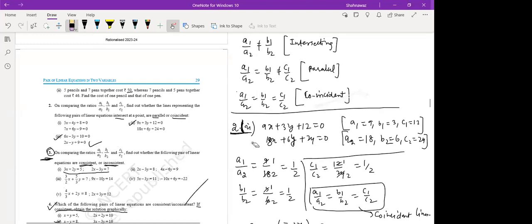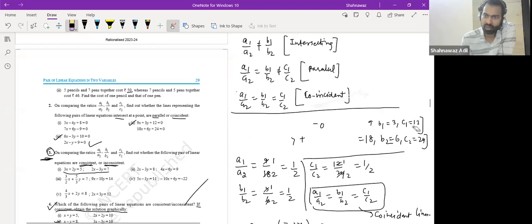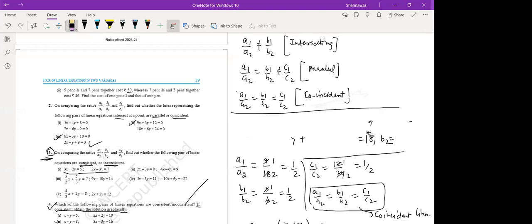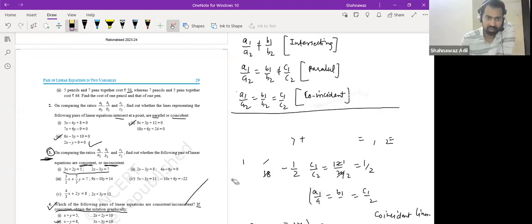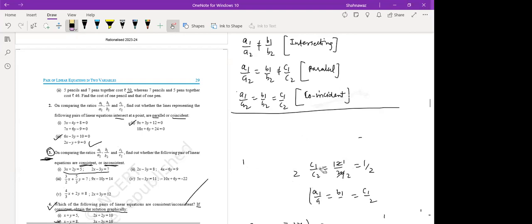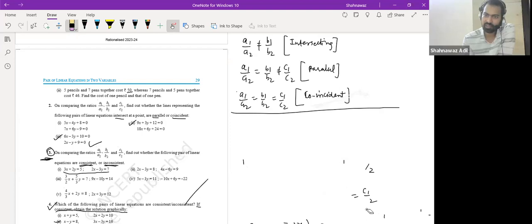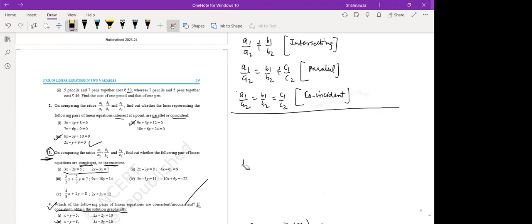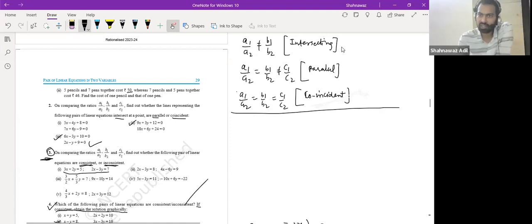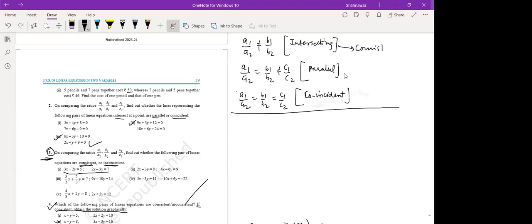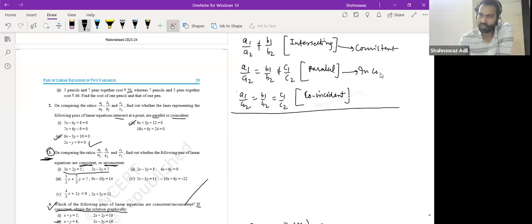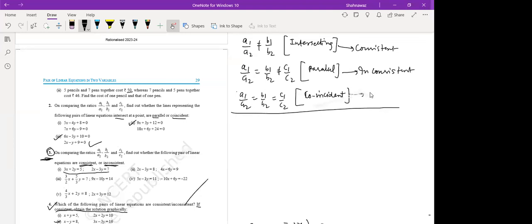The third question is exactly the same question, but the idea is different. The idea is consistent or inconsistent. We have to find whether it is consistent or inconsistent. Whenever we have intersecting lines, this is consistent. Parallel means inconsistent, and coincident is also consistent.